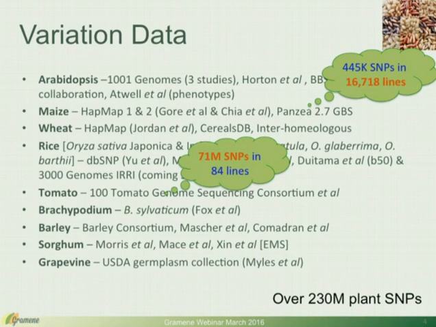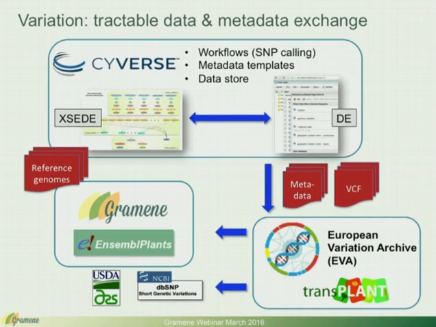For tomato, we have the largest number of SNPs, coming to 71 million, and these have been genotyped in 84 lines by the 100 Tomato Genome Sequencing Consortium.